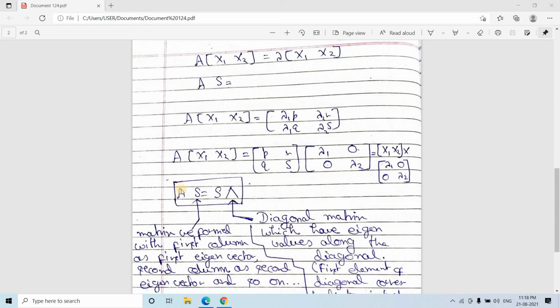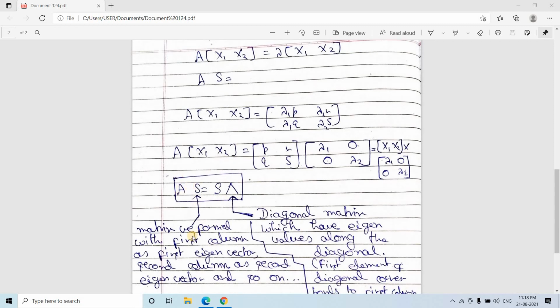So what this equation is: A is our transformation matrix, S is nothing but a matrix which we formed with the first column as the first eigenvector, the second column as the second eigenvector, and so on. And this particular one is nothing but a diagonal matrix which has the eigenvalues along the diagonal. That is, the first eigenvalue corresponds to the first eigenvector, or first column of this S matrix.